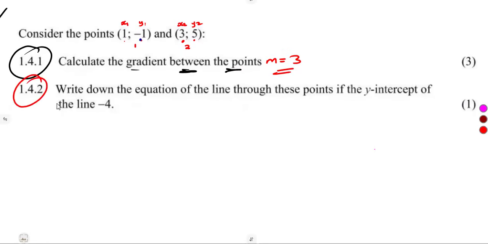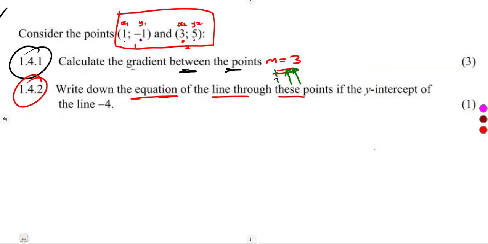Then 1.42, write down the equation now of the line through these points that we are given before. From those points, we calculated their gradient here. So we already have the gradient of these points.